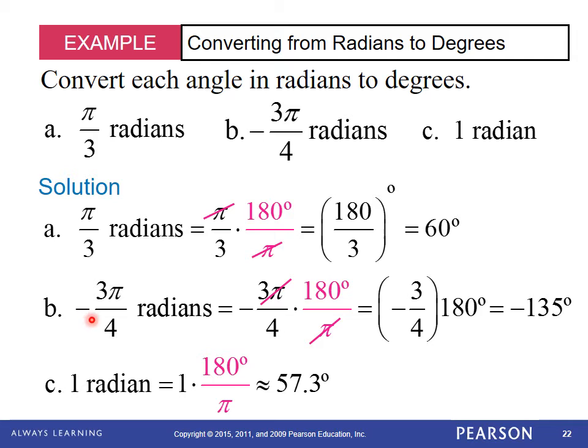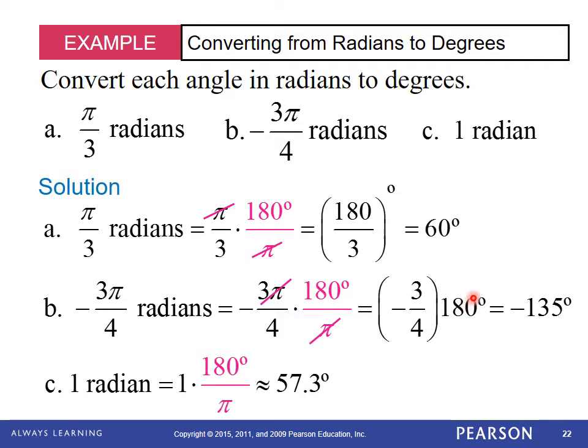All right, negative measurement, still same thing. Don't forget to keep your negative sign there. So negative there, 3 pi over 4 multiplied by 180 degrees, degree symbol, pi in the bottom, and the pi's get canceled. So at this point here, what do you want to do? 4 goes into 180 first, if you like, or just use a calculator.